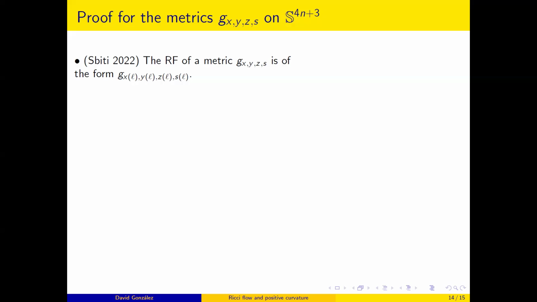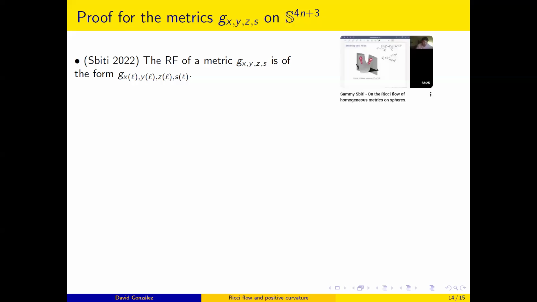One good thing for us is that the Ricci flow of this family has already been studied by Sami Spiti, and this is the third and last recommendation of the talk. If you are interested, you can have a look at the talk he gave like 3 years ago.